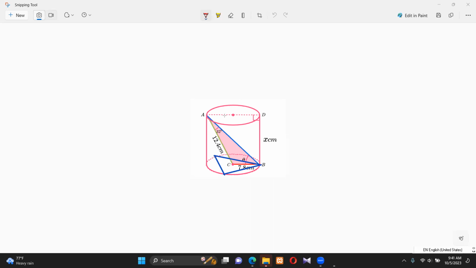So right now, here is a tetrahedron, or we can call it a triangular-based pyramid, right? Okay.